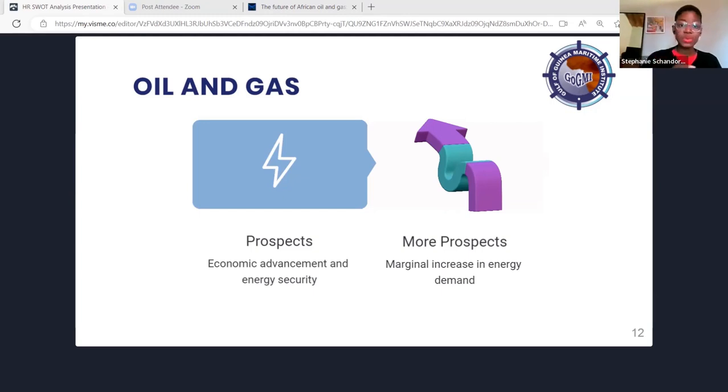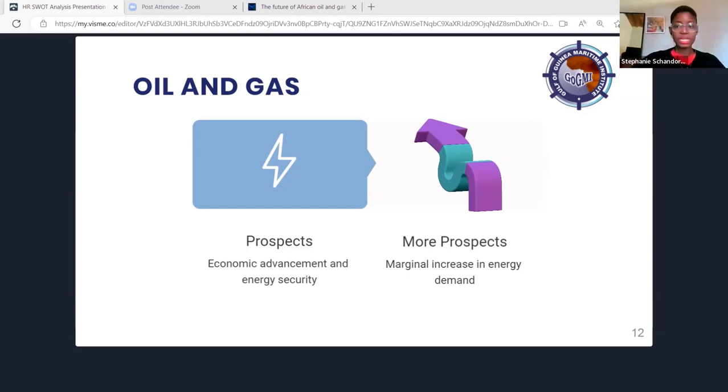But as youth that are primed to advance economic security or energy security on the continent, we really need to start thinking about more sustainable pathways to exploiting this resource. Not only in terms of the environment, but also in terms of ensuring that there's at least some level of intergenerational equity, that the benefits from exploitation are also sustainable in a sense.